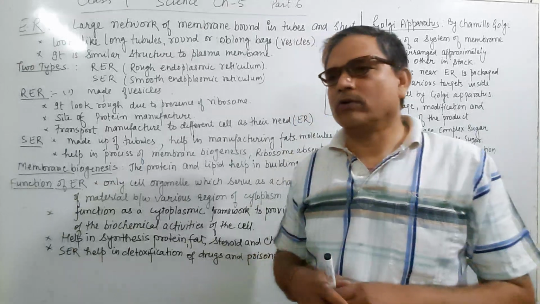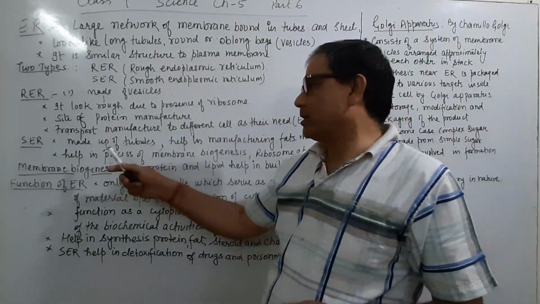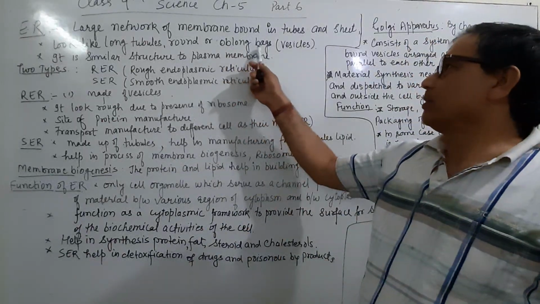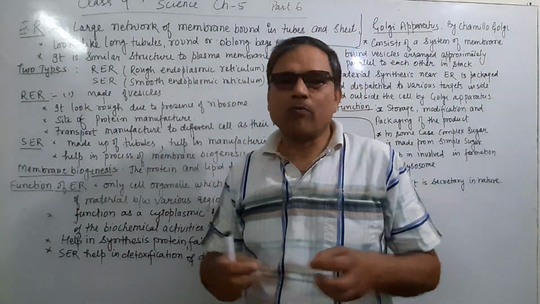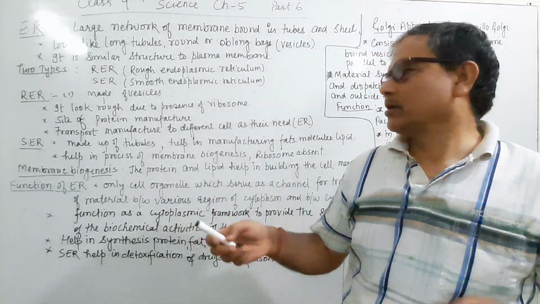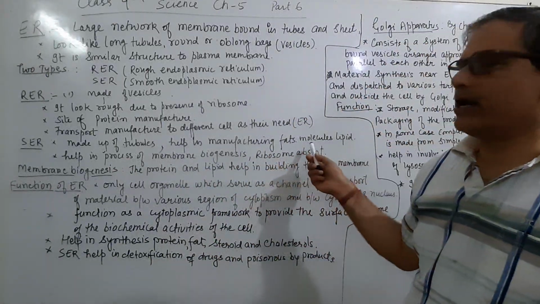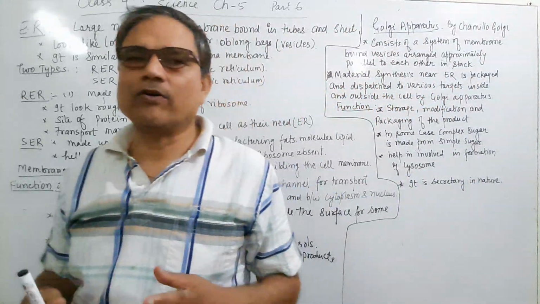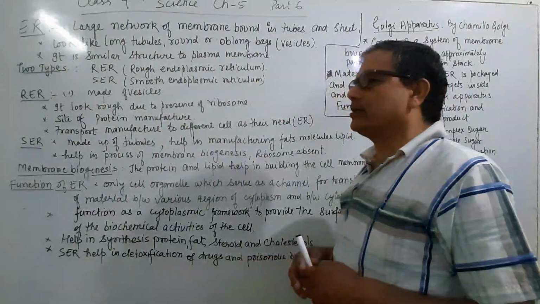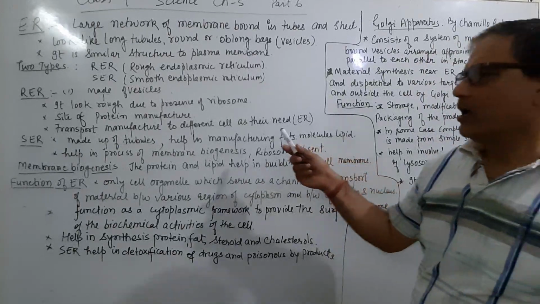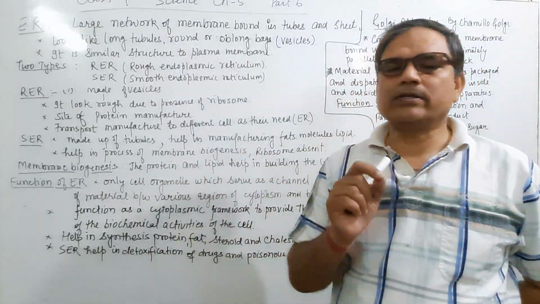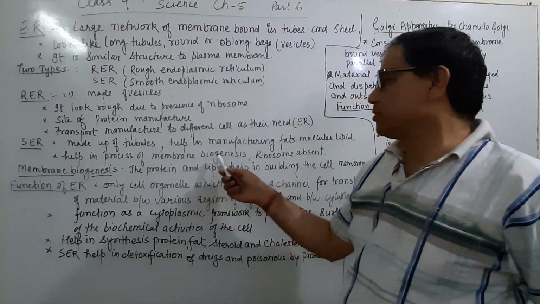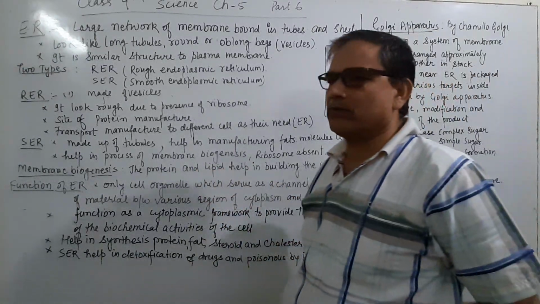Smooth endoplasmic reticulum is the second type of endoplasmic reticulum. It is made up of tubes, and it helps in synthesizing fats and lipid molecules. It manufactures lipids, and the SER helps in the process of membrane biogenesis.